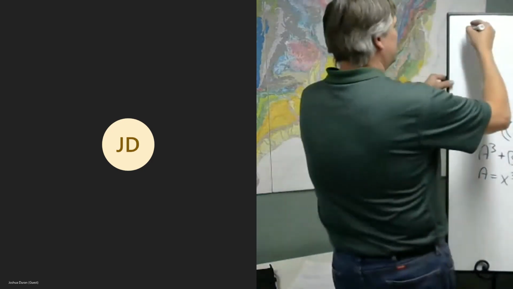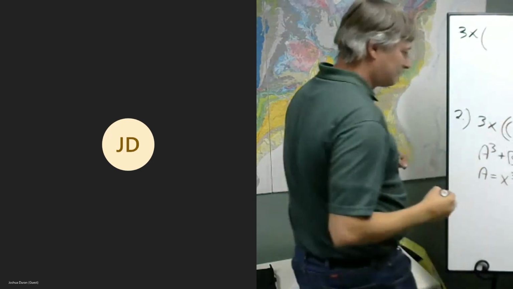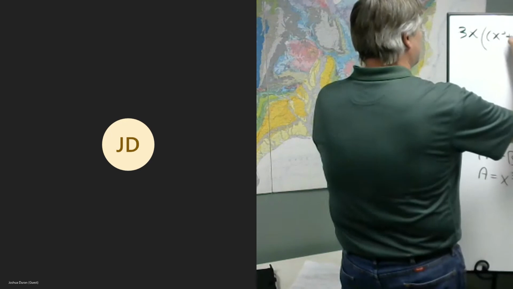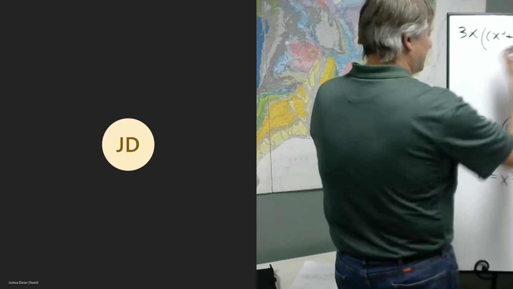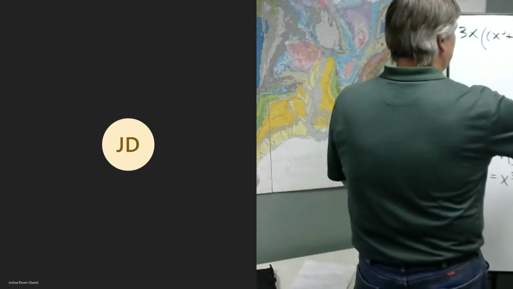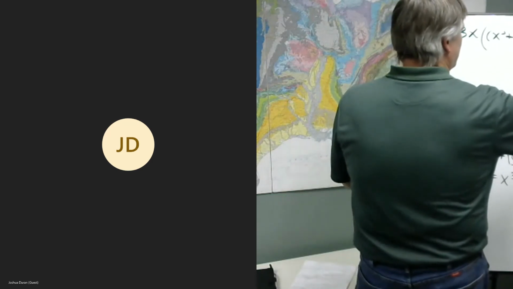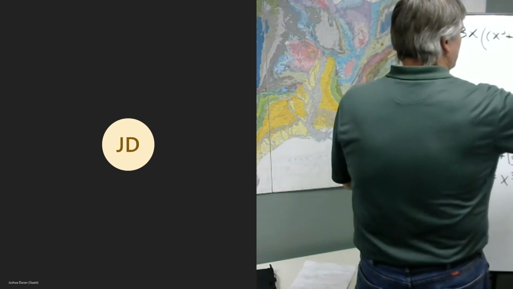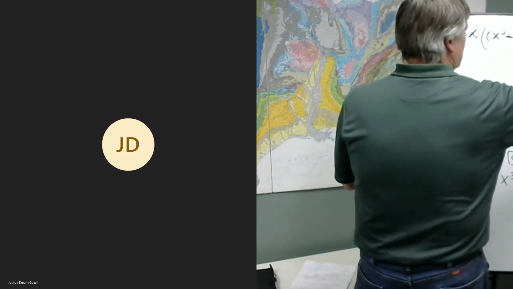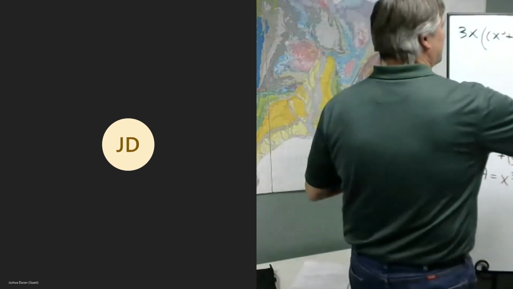So what that's going to give us is, we still have our 3x, but A plus B, x cubed plus 1, times x cubed squared plus x cubed times 1 plus 1 squared. And oh, I'm sorry, let me get my minus in here. Minus sign.